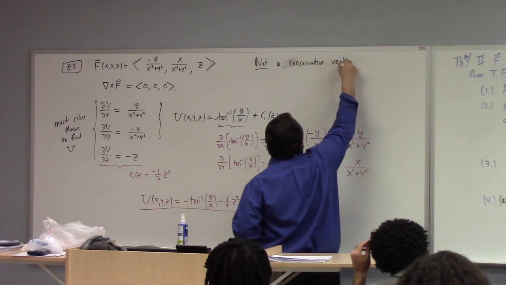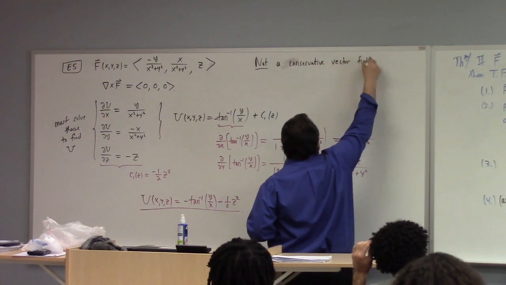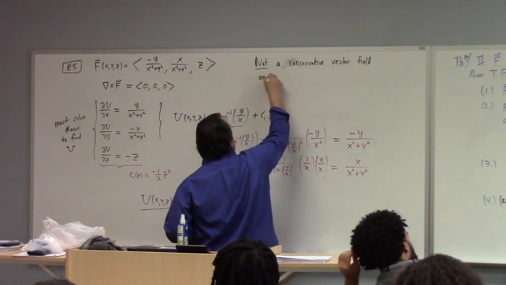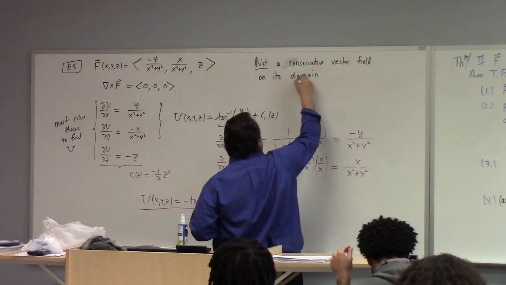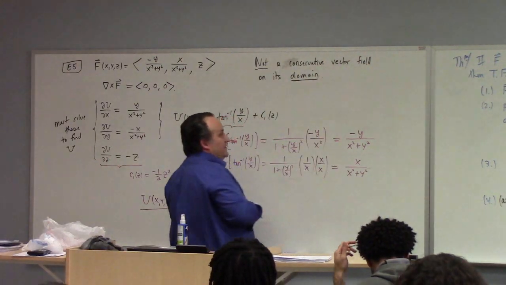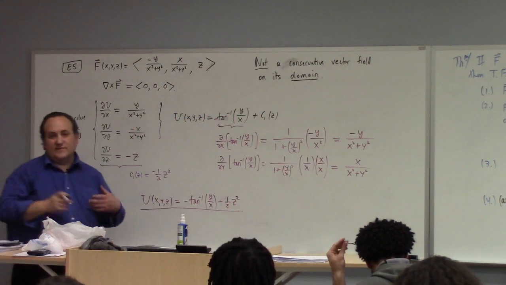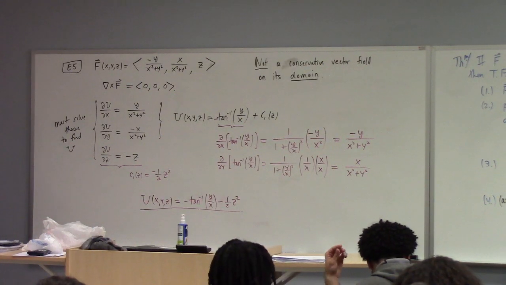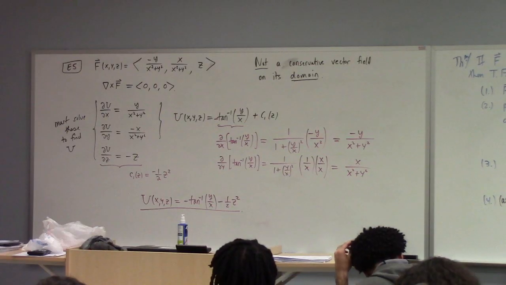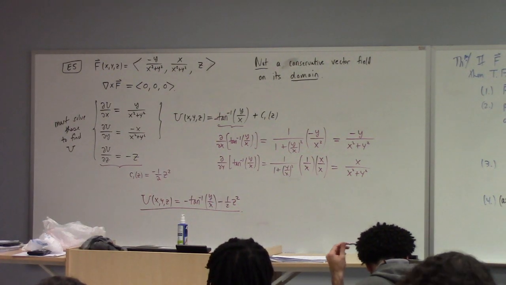And what's the domain of a vector field? What's our convention in math? When we're not talking about domain, our convention is that the domain is the greediest possible set that you can make that the thing is defined for, right? So what's the domain of this vector field?